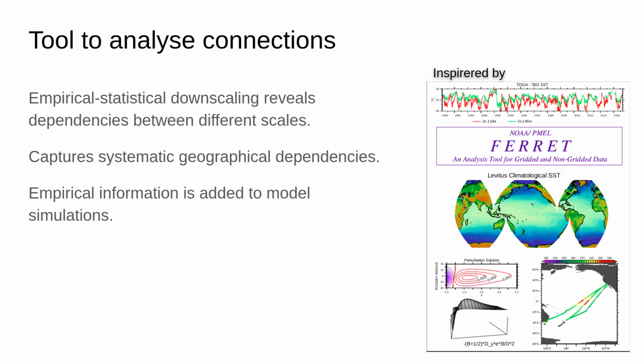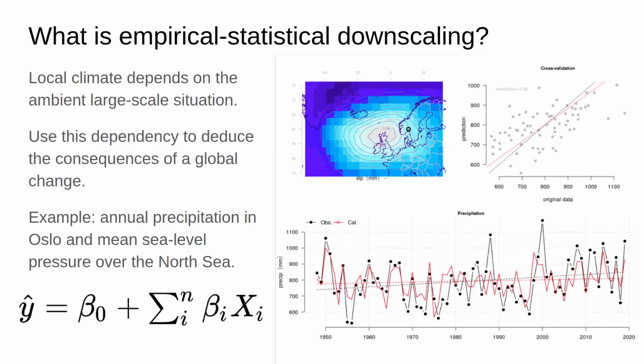And basically, in empirical statistical downscaling, empirical information is added to model simulations. So this tool was also inspired by the Ferret tool made by NOAA, Pacific Marine Environmental Lab in the US, that was made many years ago, and it was a model for making simple analysis.